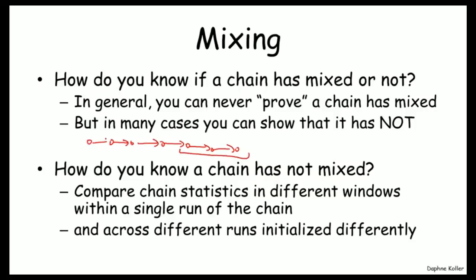And I compare this window to this window, computing various statistics. For example, what is the probability of hitting a particular state? And I say, is the probability of that in this window close to the probability of that in this window? And if it is, then maybe I've reached at least some kind of convergence point in terms of where the chain has reached.